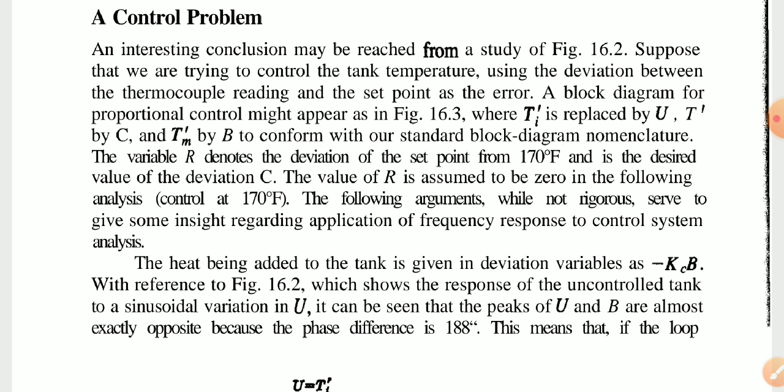It shows the response of the uncontrolled tank to a sinusoidal variation in capital U. It can be seen that the peaks of capital U and B are almost exactly opposite in direction, because the phase difference is 180 degrees. This means that in a loop for stability and transient response of a simple control system.